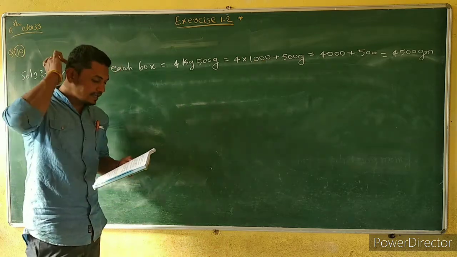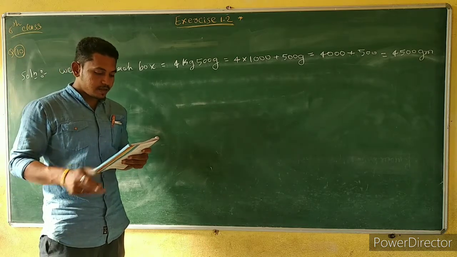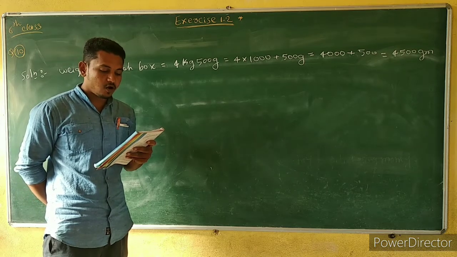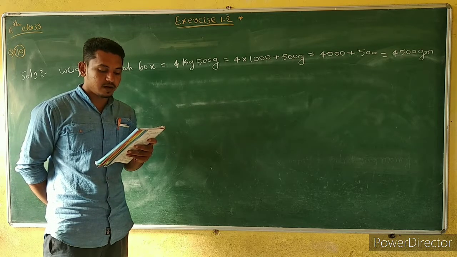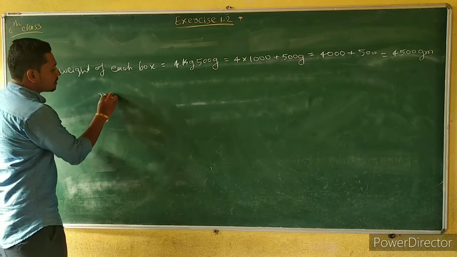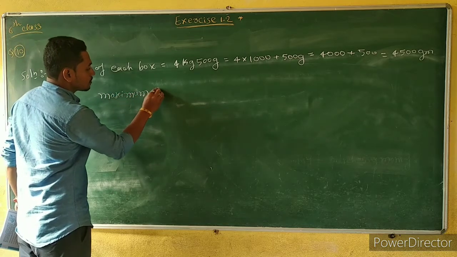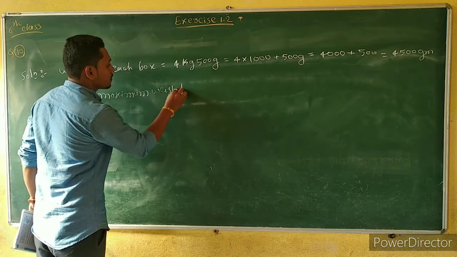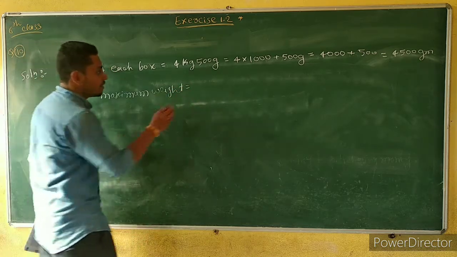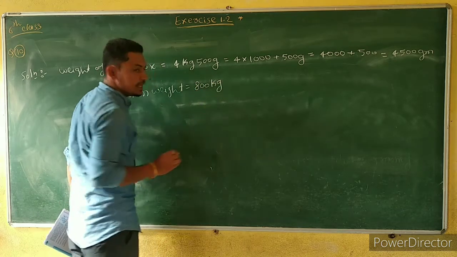Next, how many such boxes can be loaded in a van which cannot carry beyond 800 kilogram? Here the maximum weight is 800 kg.